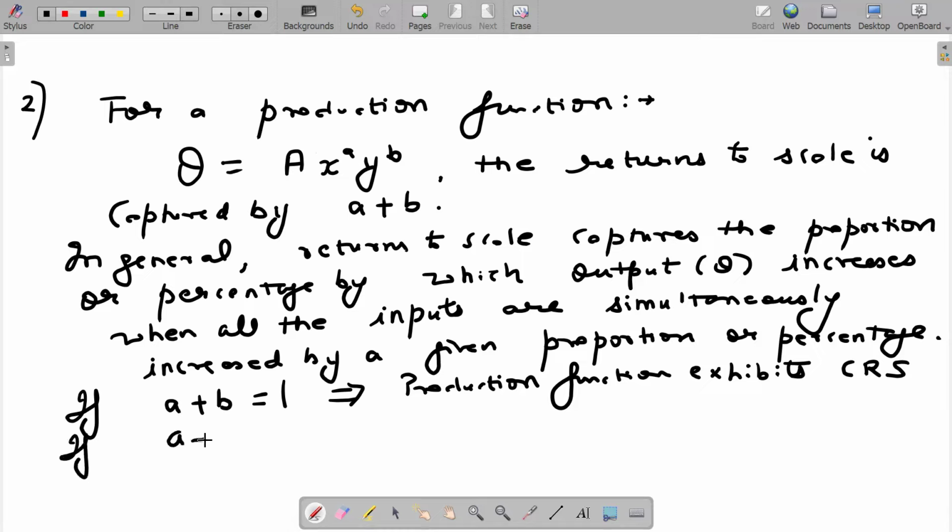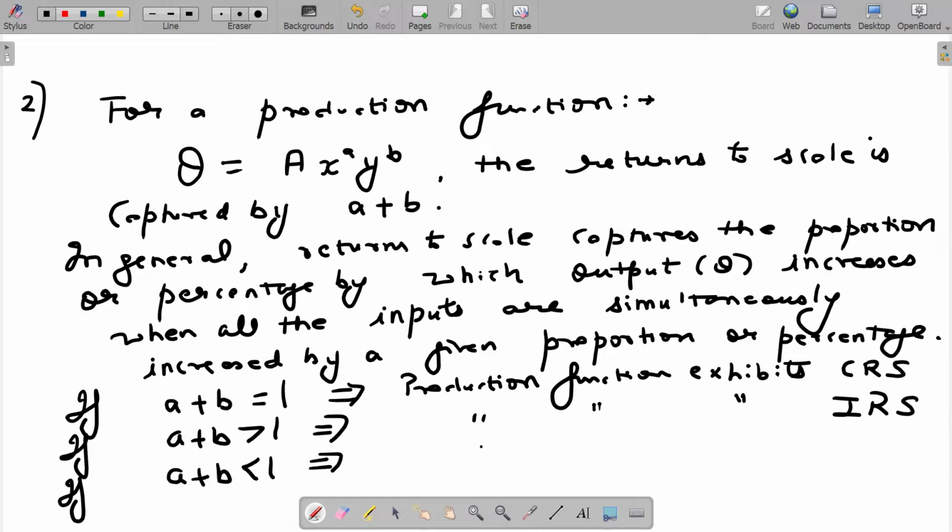Similarly, if A plus B is more than 1, the production function exhibits increasing returns to scale. It means suppose I hypothetically double my X and Y, my output will be more than double. And if A plus B is less than 1, the production function exhibits decreasing returns to scale. It means suppose I double my X and Y, my output will be less than double.